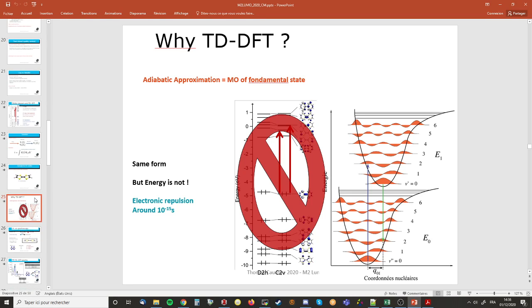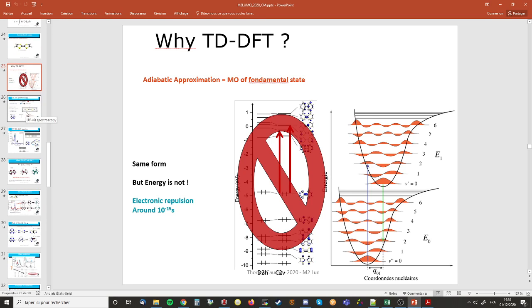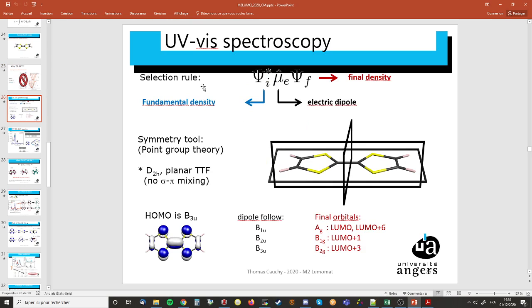bromobenzaldehyde. I will just present rapidly what the electronic density difference picture is and why it is useful. So we have a selection rule.